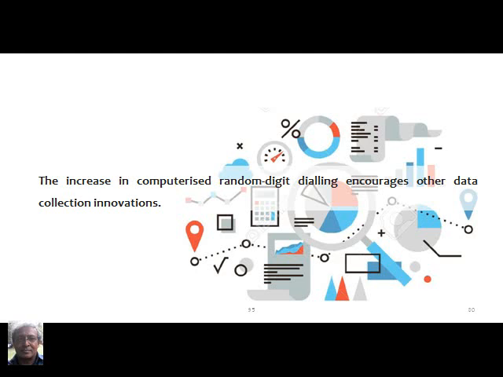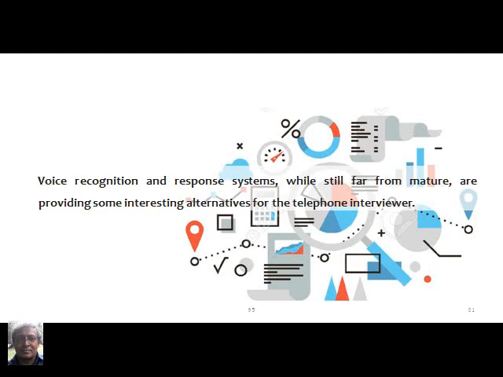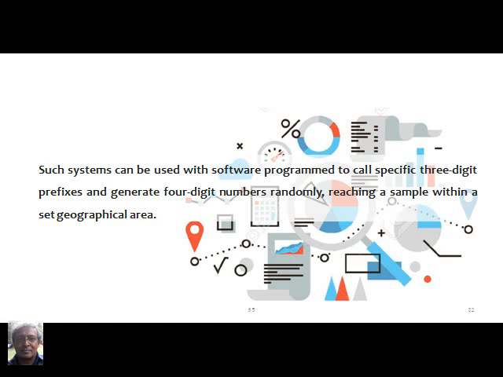The increasing computerized random digit dialing encourages other data collection innovations. Voice recognition and response systems, while still far from mature, are providing some interesting alternatives for the telephone interviewer. Such systems can be used with software programmed to call specific 3-digit prefixes and generate 4-digit numbers randomly, reaching a sample within a set geographical area.